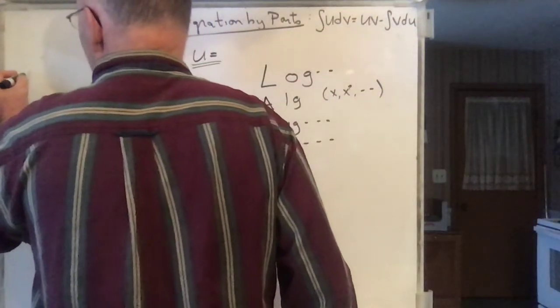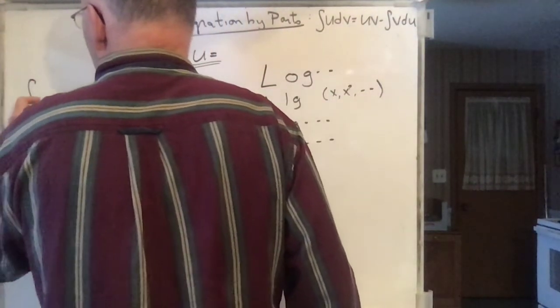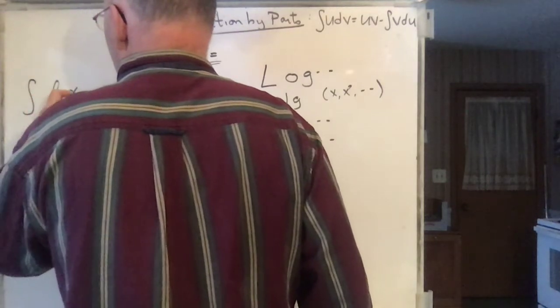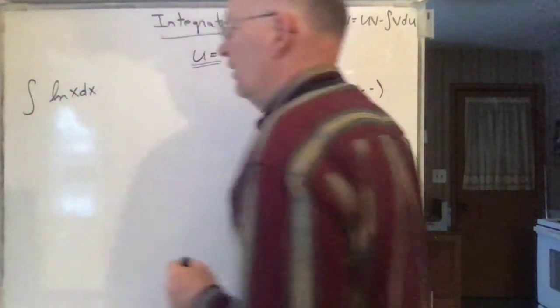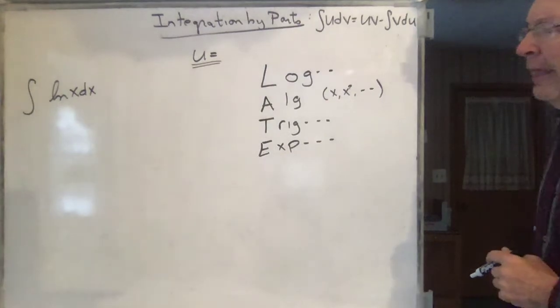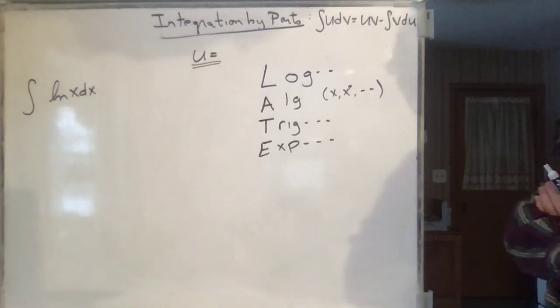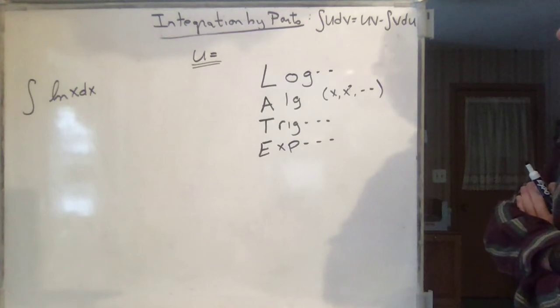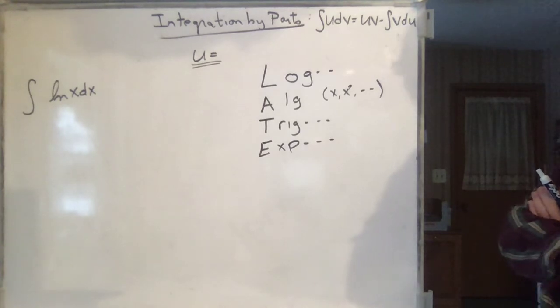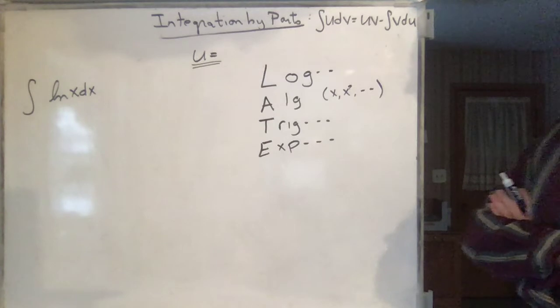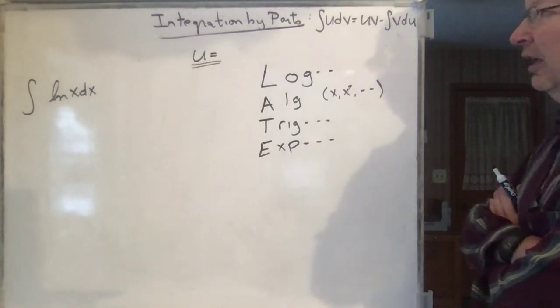And so I'm going to mention that before doing this next one. Here we have the integral of ln of x dx. It doesn't seem to be in the right form. I only have one function there. The whole point of integration by parts is to use two functions.